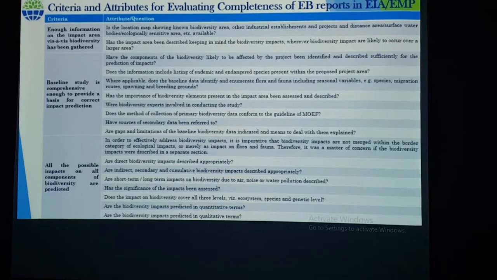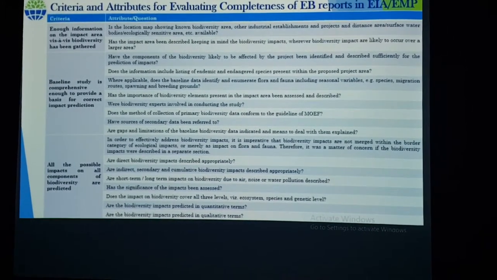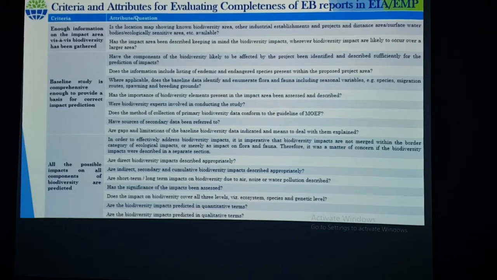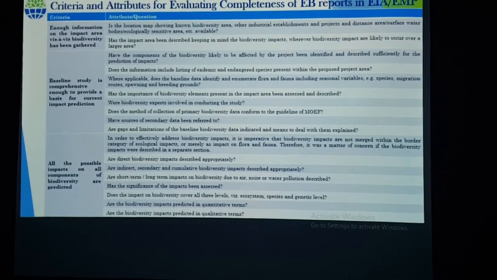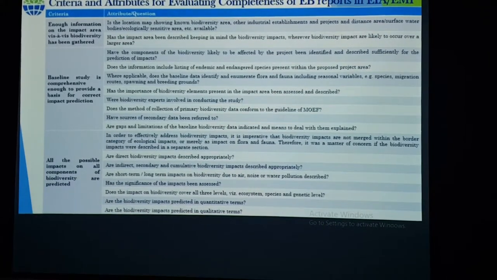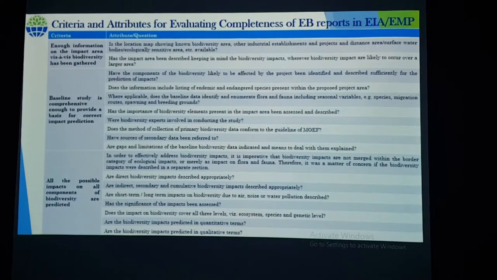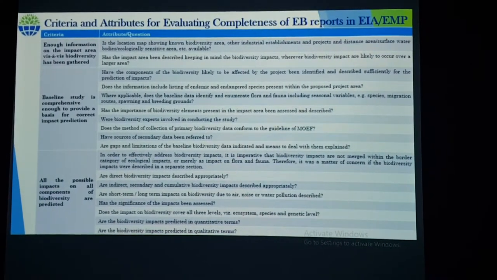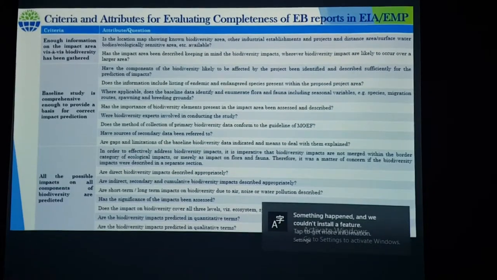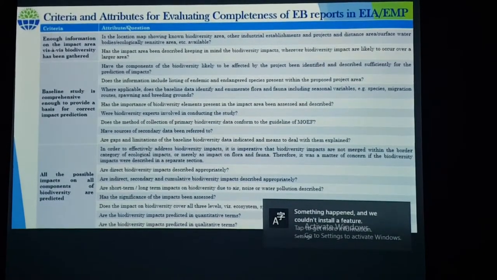Then we have a checklist of questions, like: have the components of biodiversity likely to be affected been identified, yes or no. Does the information include a listing of endemic and endangered species from that area, yes or no. Where applicable, does the baseline data identify and enumerate flora and fauna including seasonal variations, routes, spawning, breeding grounds, migration, etc.